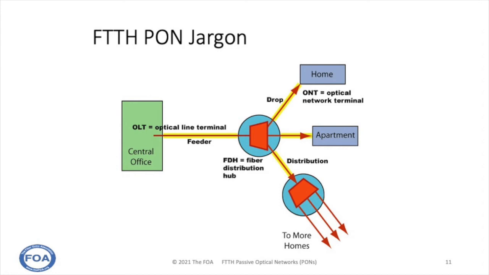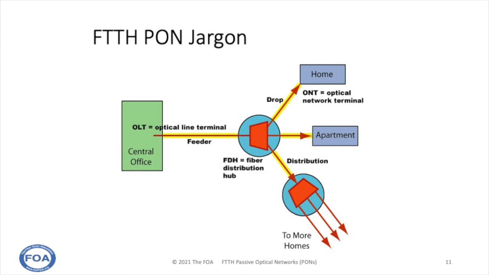FTTH PONs have their own jargon, of course. We define an optical line terminal, or an OLT, in the central office or head end, and the ONT, the optical network terminal, at the subscriber end. Almost everyone agrees that the terminology from the head end or central office to the splitter is the feeder network.